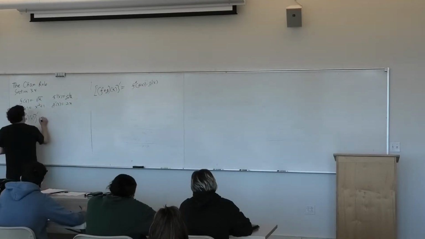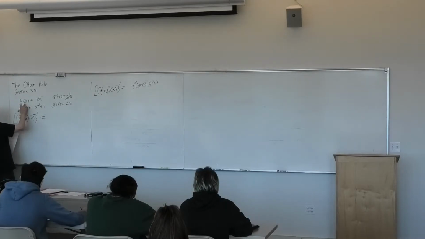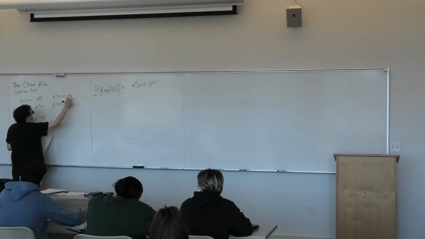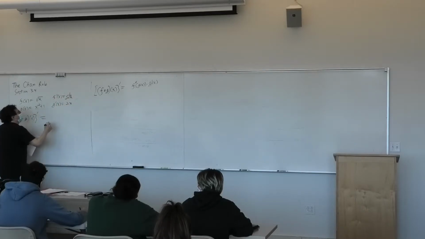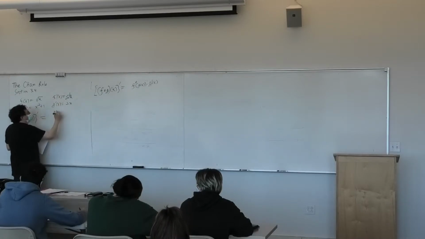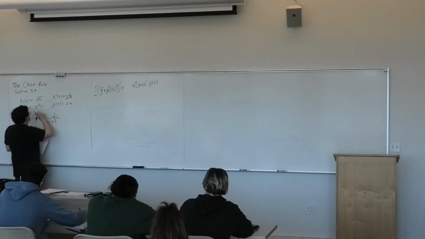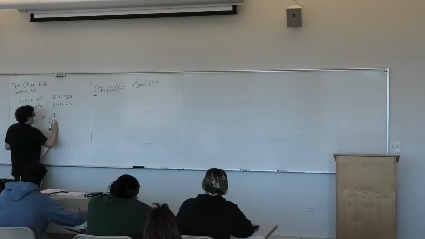So what does that look like? Well, here we know the derivative of f of x is 1 over 2 square root of x. So the derivative at g of x is just 1 over 2 times the square root of x squared plus 1.